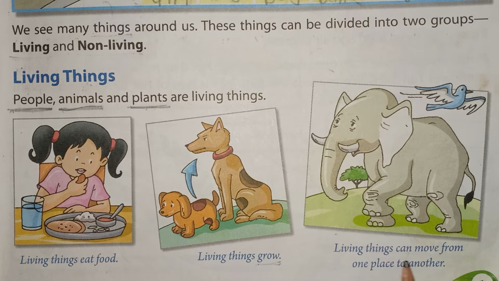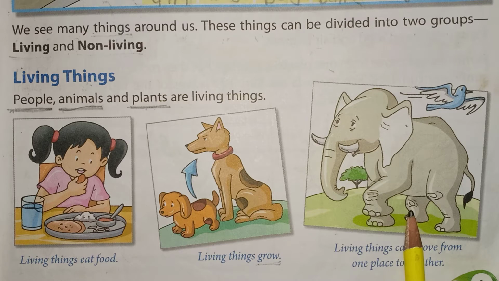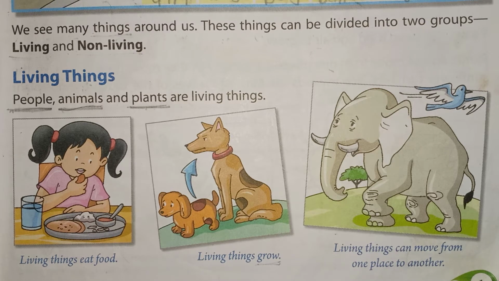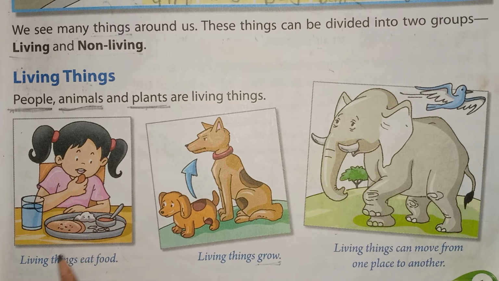Living things can move from one place to another. They move from one place to another on their own. See, even you walk in your house, play with your friends, so you move on your own. So let's revise.